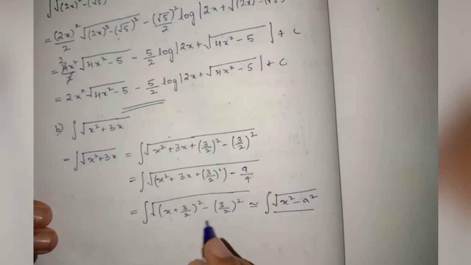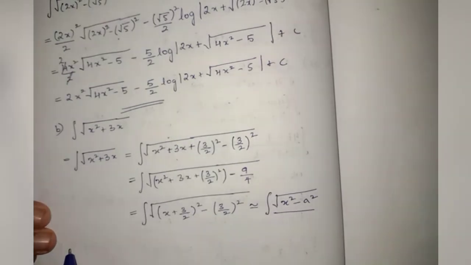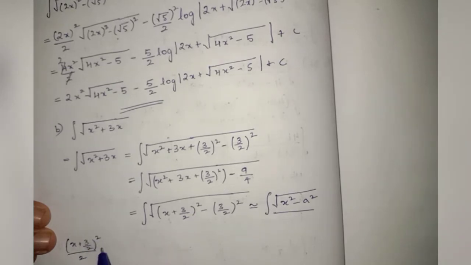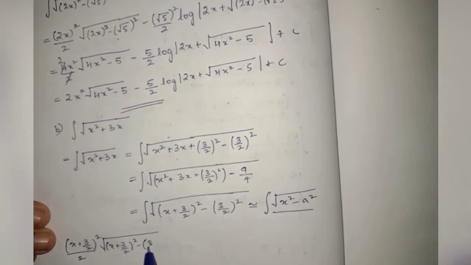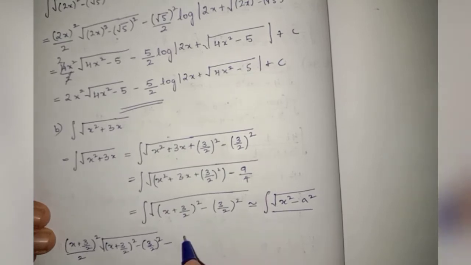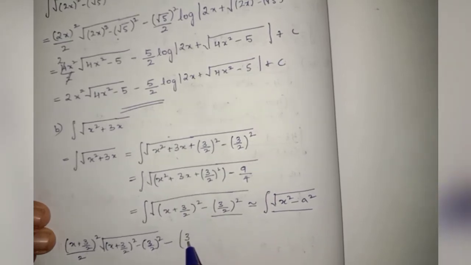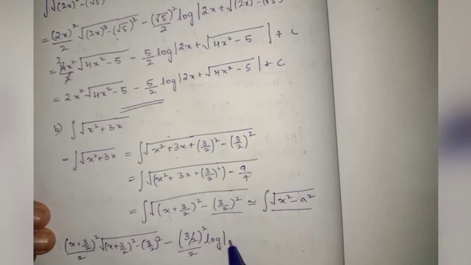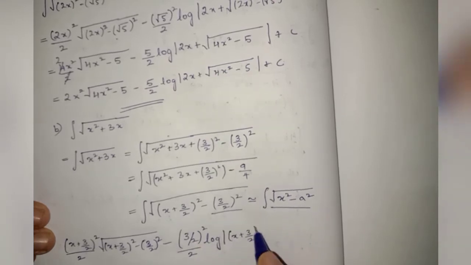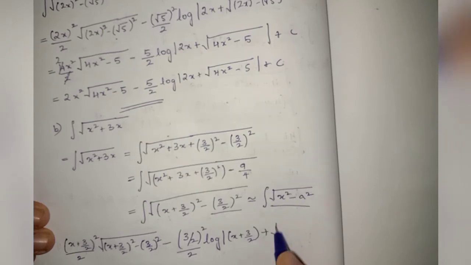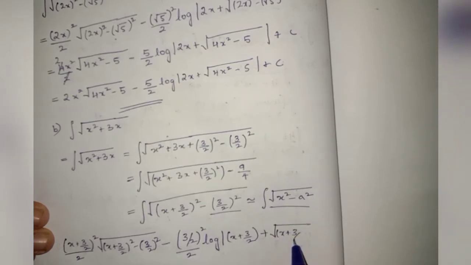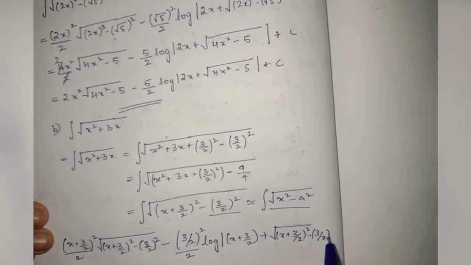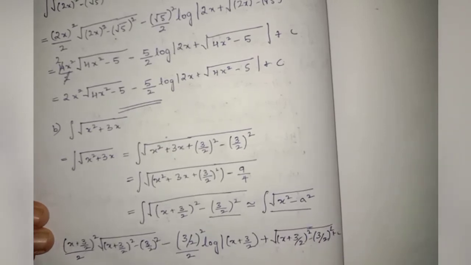So we can write this as x squared by 2, which will be (x plus 3 by 2) by 2 into root of (x plus 3 by 2) squared minus (3 by 2) squared, minus a squared by 2 log mod x, which is x plus 3 by 2, plus root of (x plus 3 by 2) squared minus (3 by 2) squared, plus c. So this is the final answer.